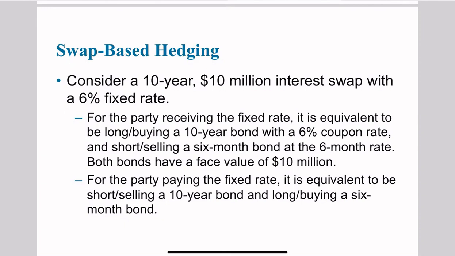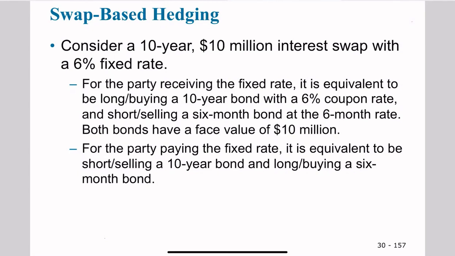And now we could achieve the same result by using interest rate swap. So you can see that this is beneficial because to achieve the same result, we don't need to sell any assets, right? So this is much more convenient than the duration-based hedging. Okay, so to understand this, let's first look at this interest rate swap.